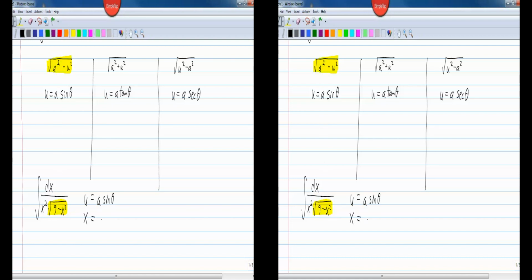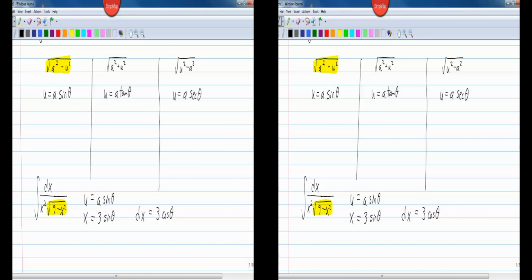A squared is 9, so a is 3 sine theta. Alright, so x equals 3 sine theta. What will dx be equal to? The derivative of x is dx, right? That's going to be 3 cosine theta.